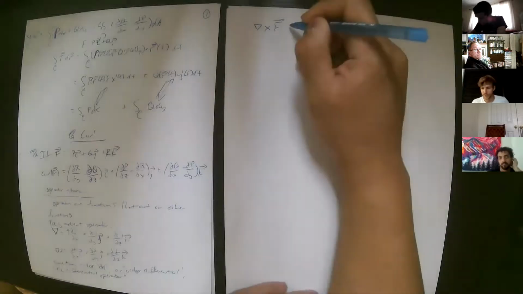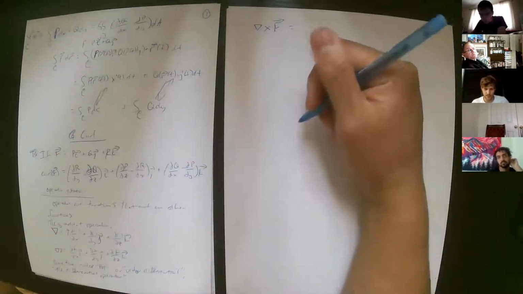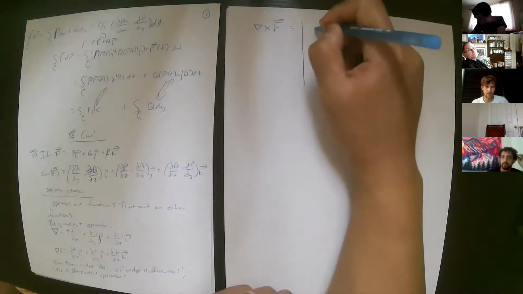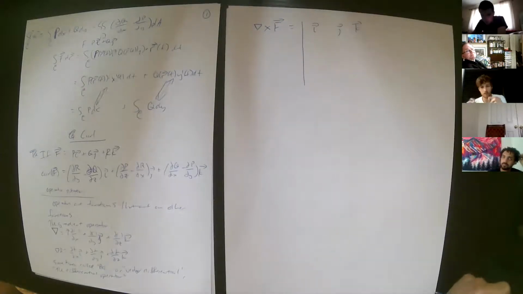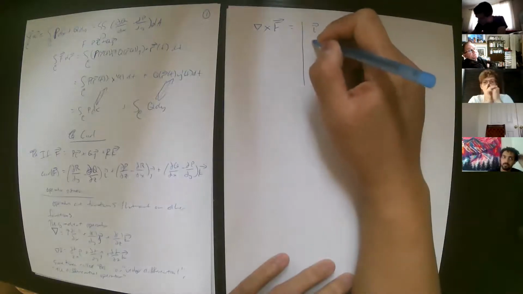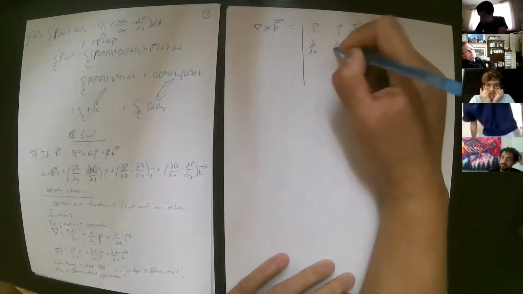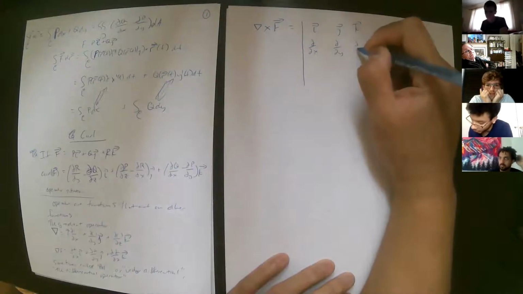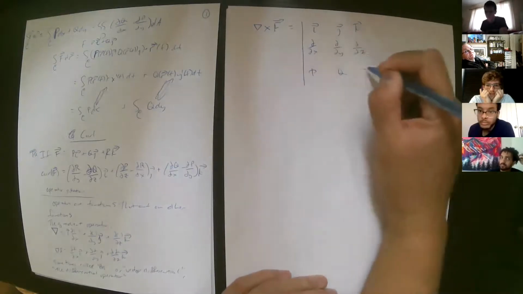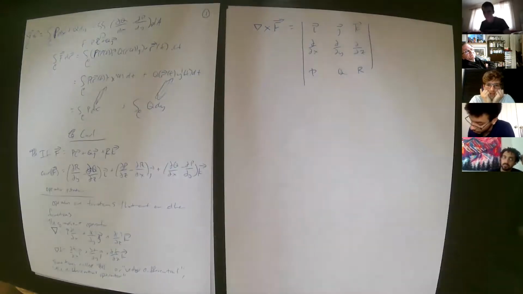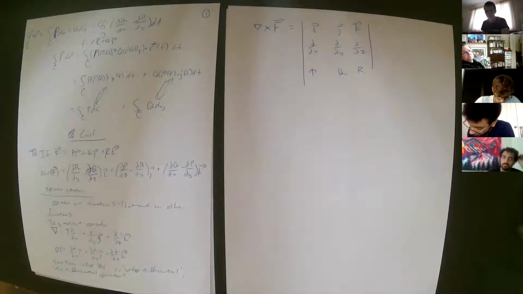So how are we going to set up this cross product? How did we set up cross products? We write the vector i, j, k, then the row d/dx, d/dy, d/dz, and then P, Q, R. Now, how do we take the cross product? We compute this determinant.